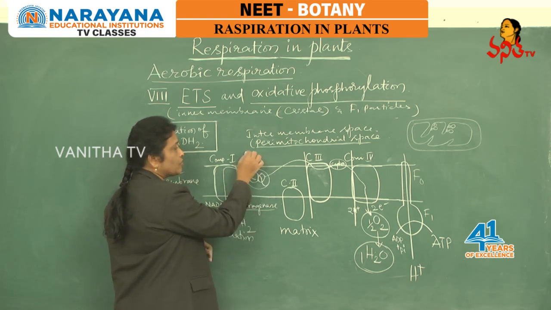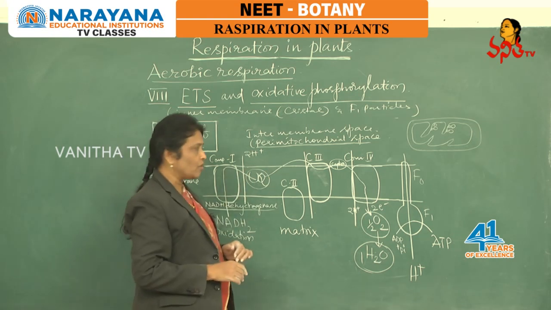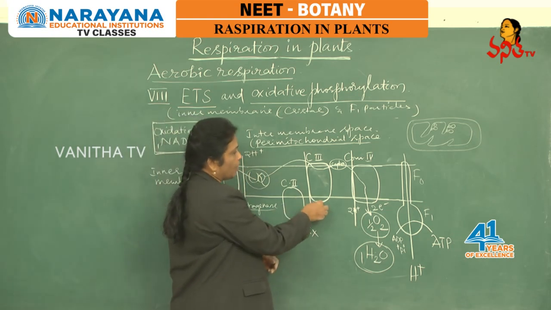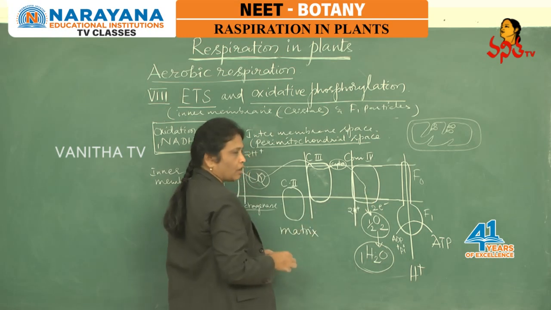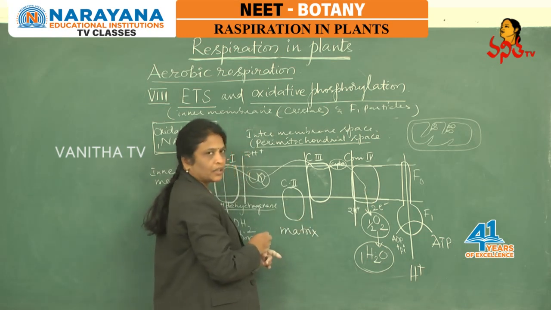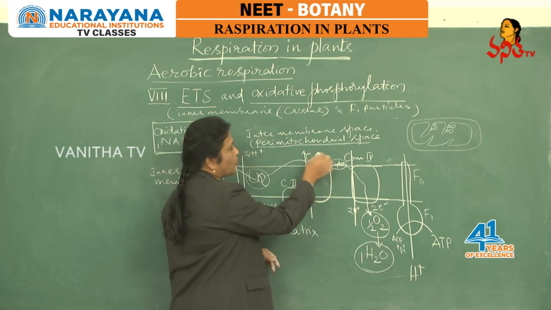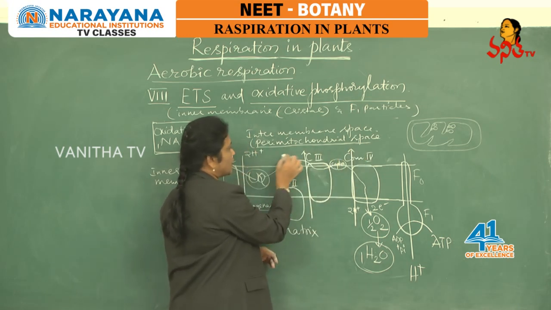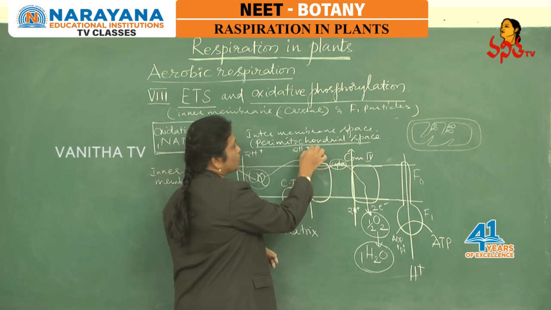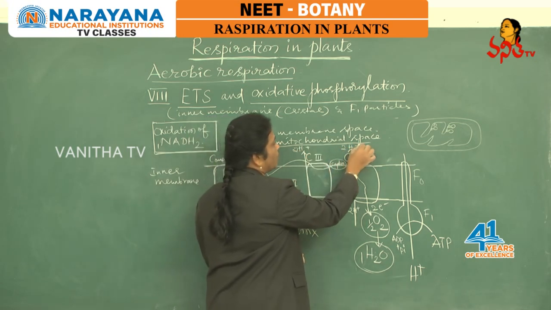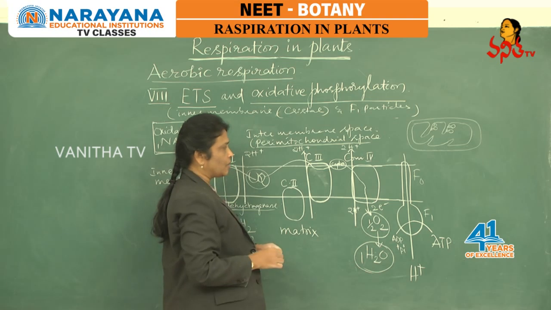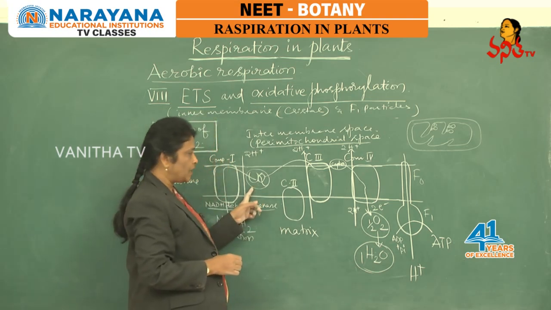For 2 electrons, 2 protons are pulled by ubiquinone and added to the perimitochondrial space. In the same way, complex 3 and complex 4 are not only electron carriers, they are proton carriers also. So they also pull protons from the matrix, and every time for 2 electrons, 2 protons are pulled by these electron carrier complexes including ubiquinone.